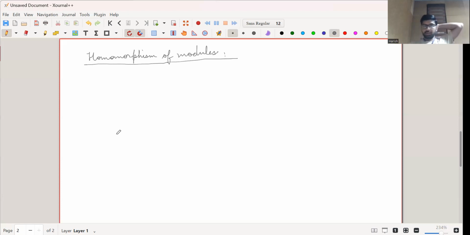How can one define that? You have two modules, M and N, which are R modules. R is a ring over which the module structure is given.